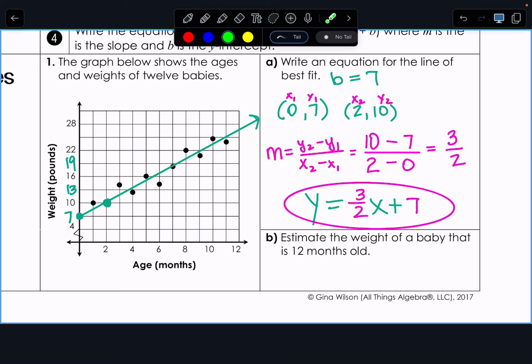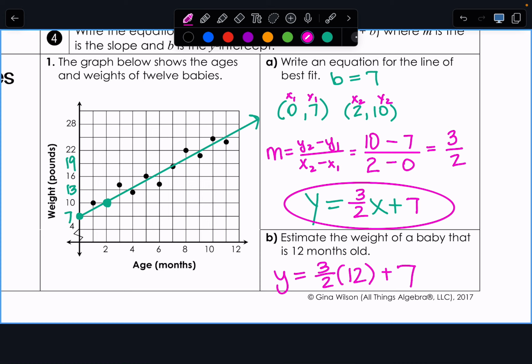What am I going to do with 12? Months. Take x out. It can go in for x. So y equals 3/2 x plus 7, but this time I'm going to put in 12 for x.